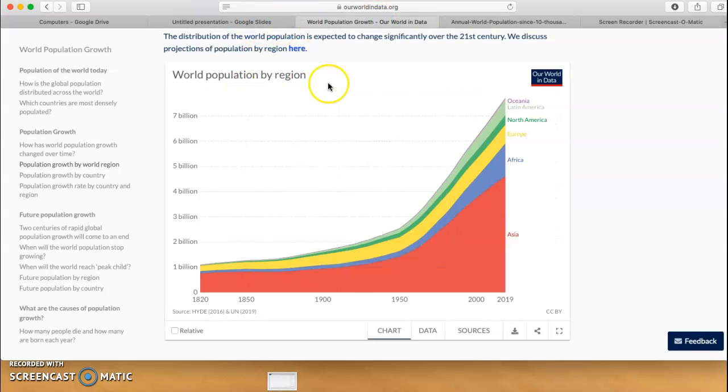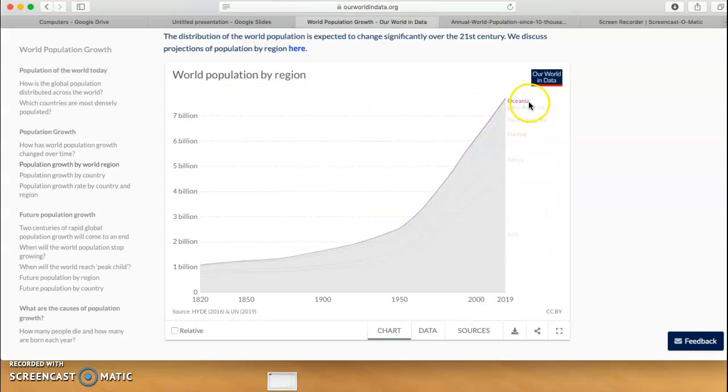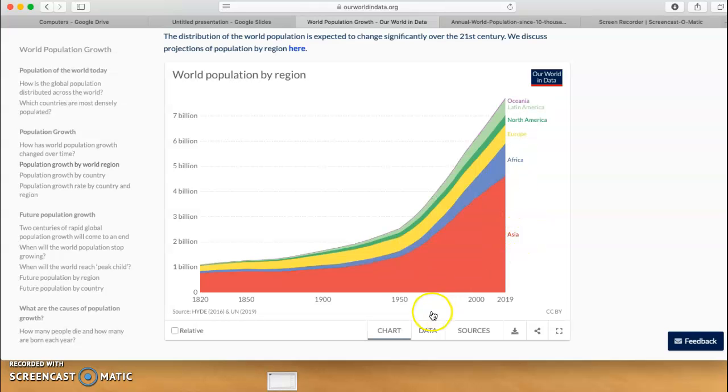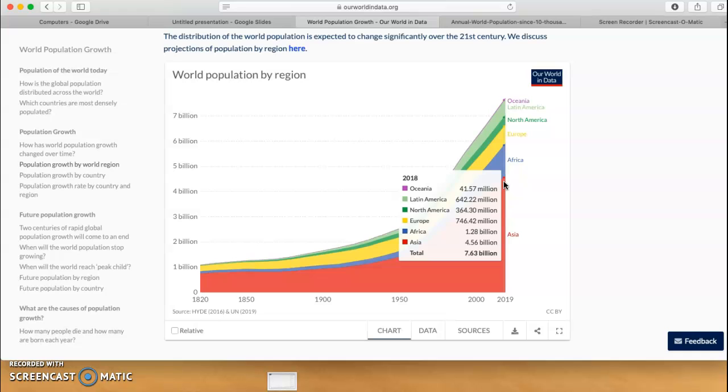So world population by region. You have quite a bit of people in the Asian countries alone. So, totaling the Earth, you've got about 7.7, but then you start to see, wow, 4.6 billion people alone in Asia.